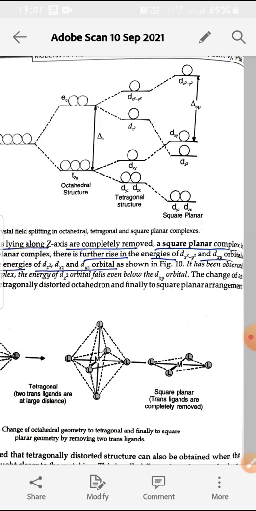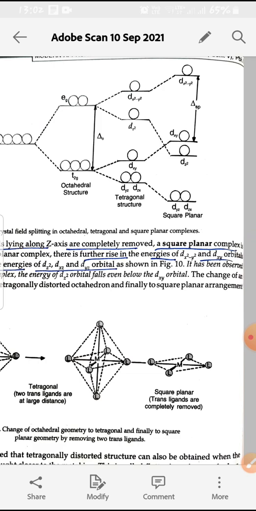So the Eg set in the octahedral complex contains dz square and dx square minus y square. The dz square orbital has lower energy and the dx square minus y square orbital has higher energy.